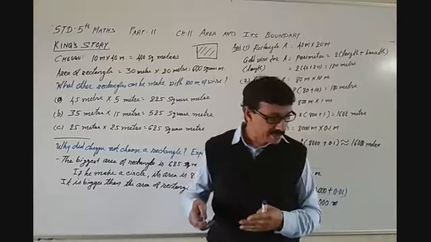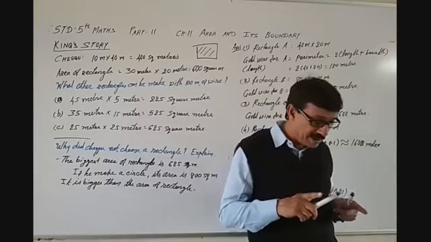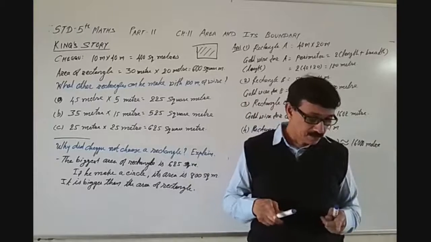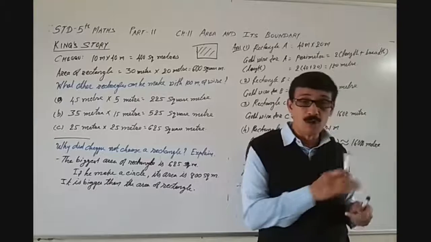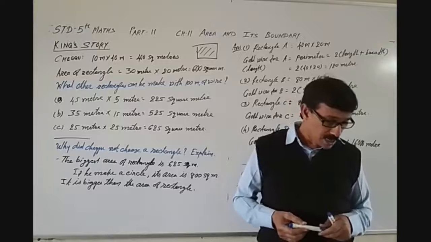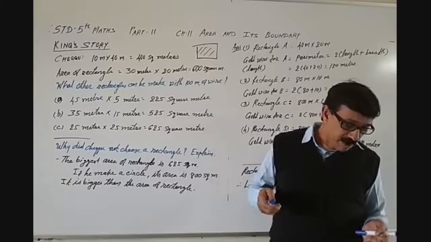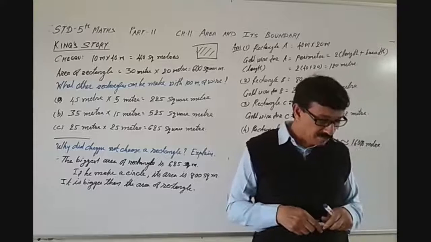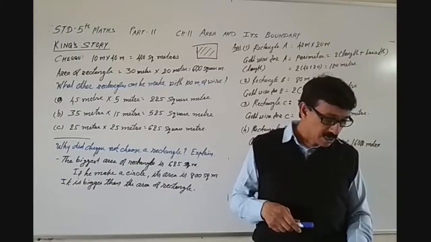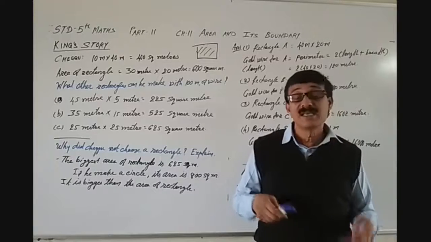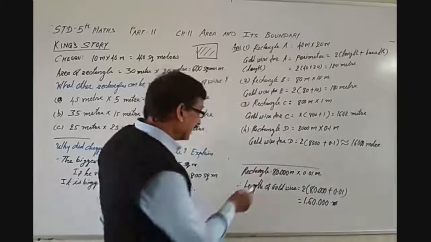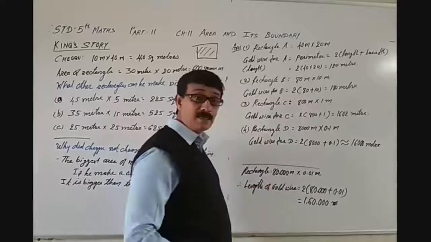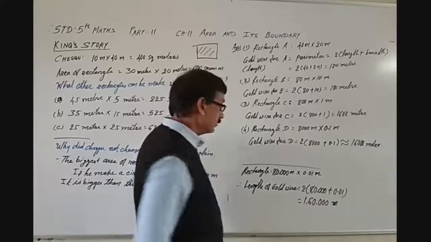I made a rectangle 1 centimeter wide and 80,000 meters long. Imagine how long that boundary will be. With that much gold wire, I can become the king. See, suppose the rectangle is 80,000 meters and 0.01 meter.